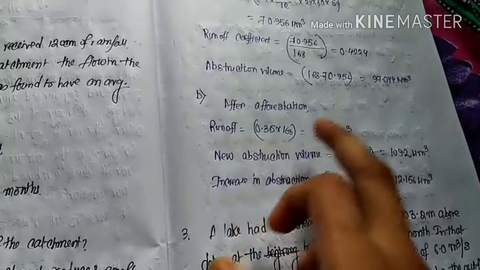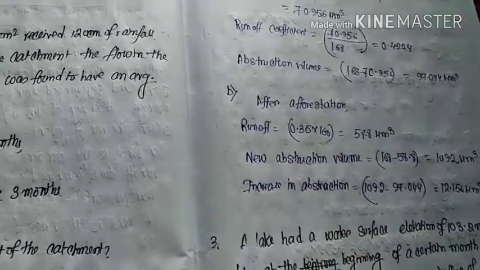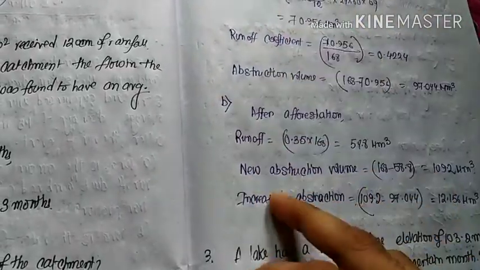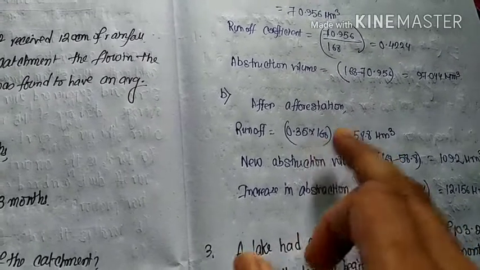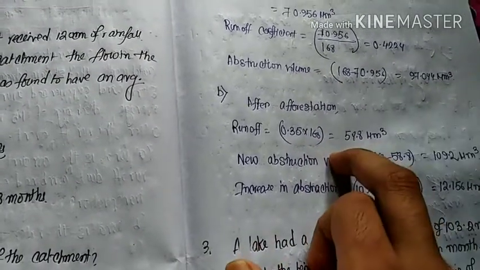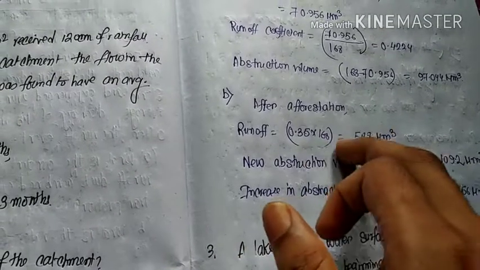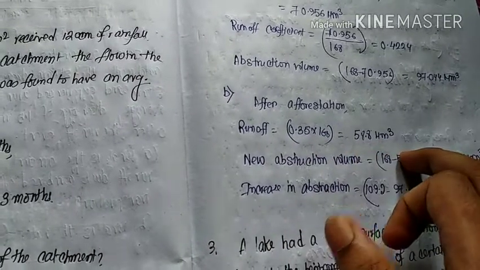After afforestation, I have already told that due to afforestation, the rainfall will increase. Sorry, runoff will increase. Rainfall is always constant. So runoff is due to rainfall or precipitation, which is always constant. So 168 is constant. With multiplication with runoff coefficient, we can get the runoff.